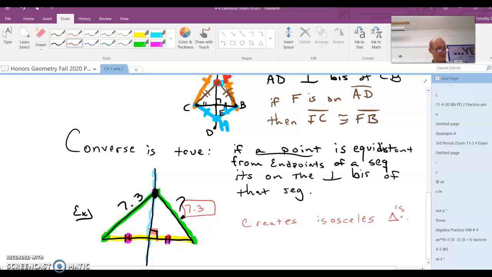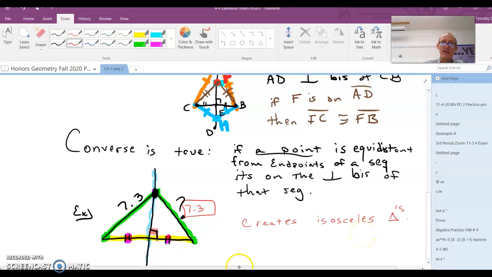Now, the next theorem is the angle bisector theorem, which is another really cool theorem, okay? The angle bisector theorem is, if a point's on the angle bisector, it's also equidistant from the sides of the angle, the rays of the angle.